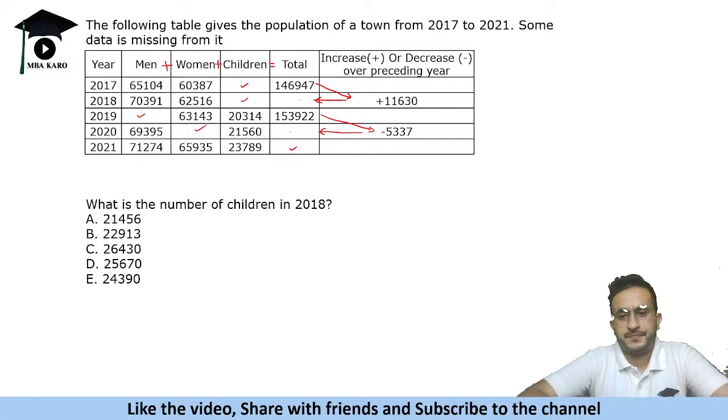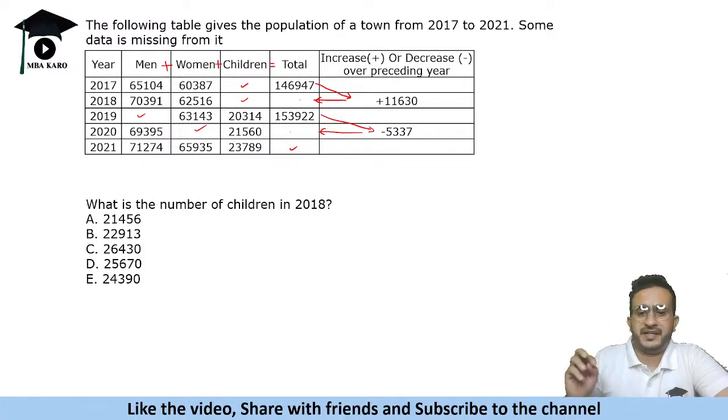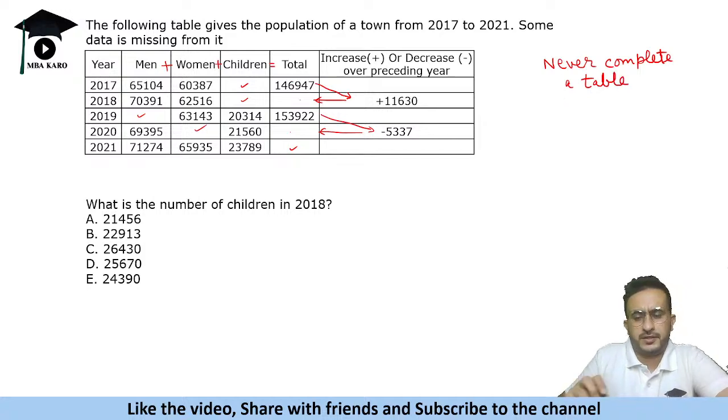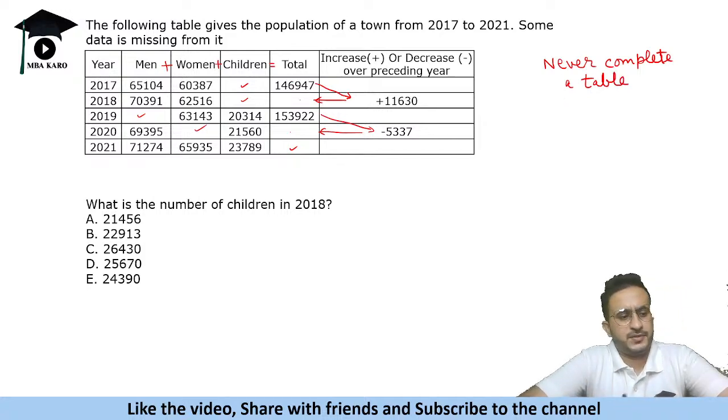Now the thing is, what generally students do in such questions is they try to complete the table. Remember that never complete any table or graph. Because what will happen is you will take a lot of time just to complete the table, finding all the values.